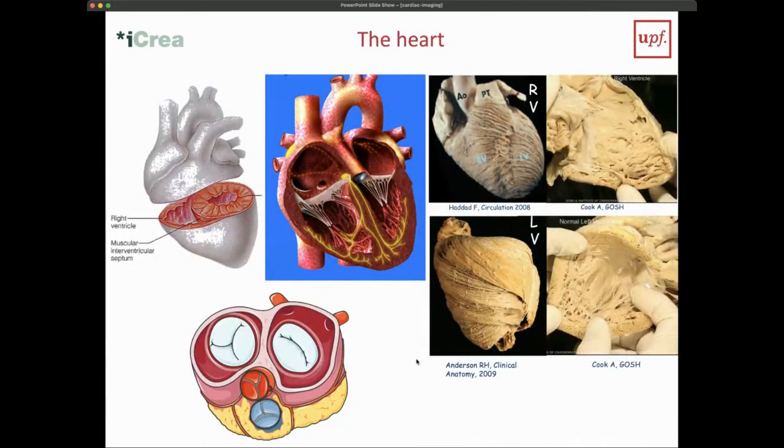Now, when we look at the detailed morphology of the heart, let's first look at this part. If we take a cross-section of the heart, you will see that the left ventricle, the left chamber, is circular in cross-section and has quite a thick wall. When we look at the right chamber, it has a much thinner wall, is attached to the left ventricle, and is more crescent shaped.